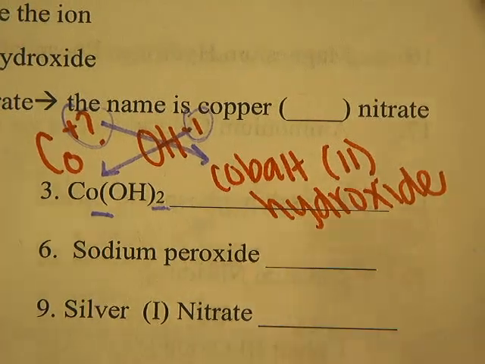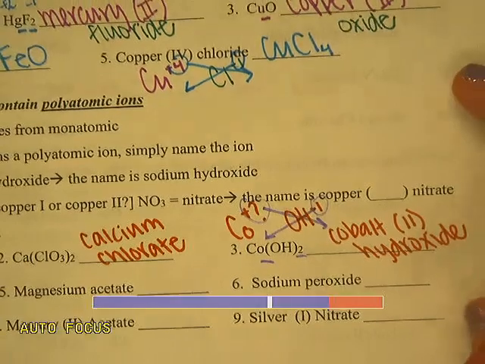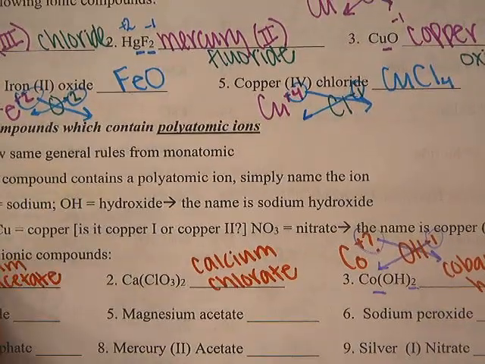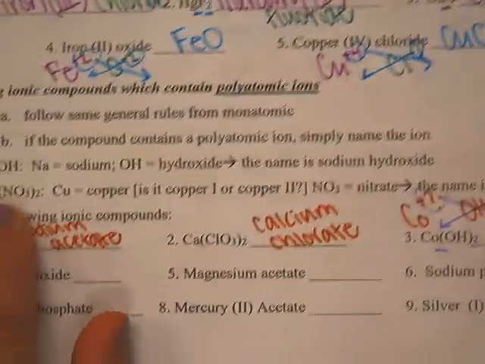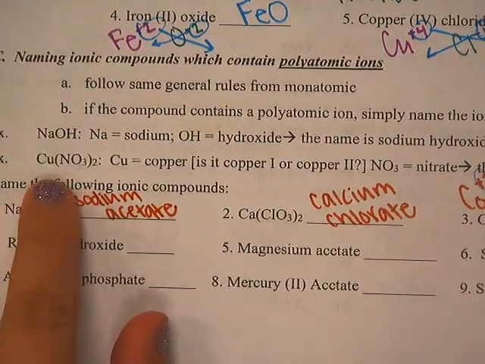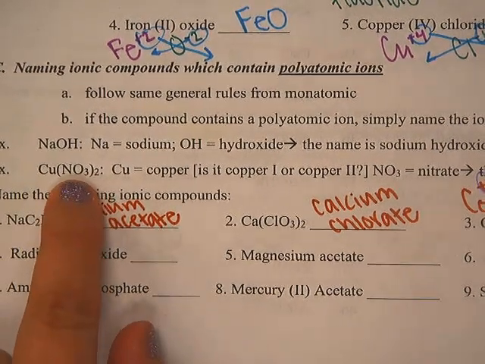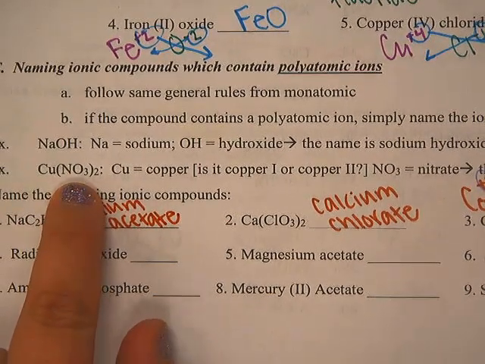And then I think with that example, we can go back to the description of this, or the instructions. So this example here that has copper and nitrate, it did the same thing. So if I have copper and nitrate, I would need to look up nitrate first and figure out what its charge is.